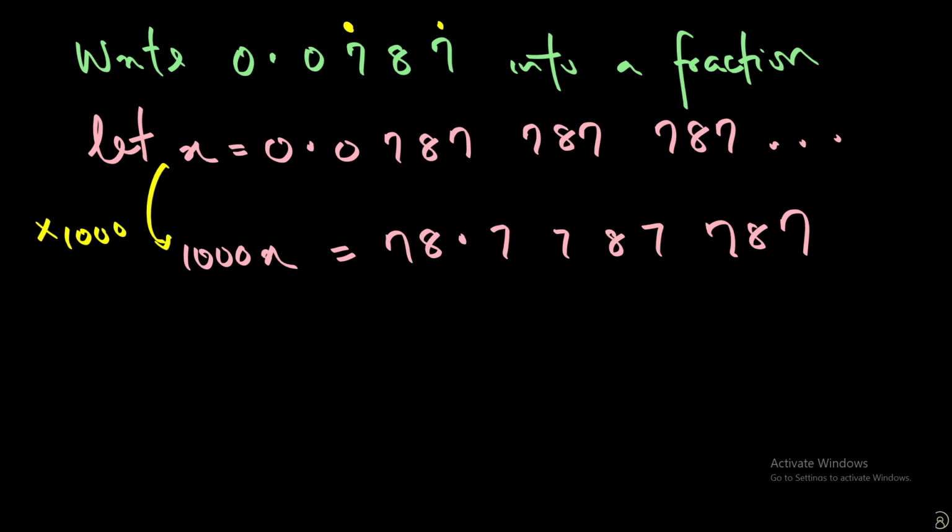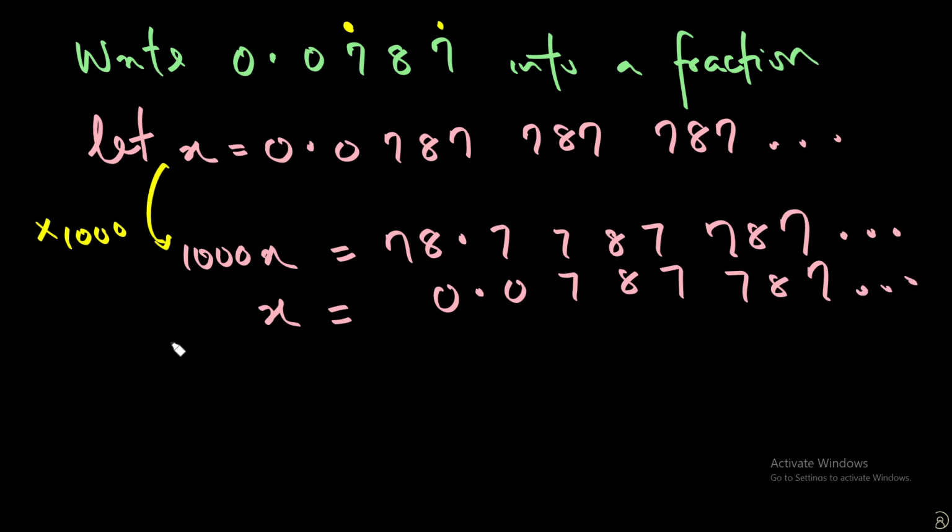To make it work a lot easier, when we go to subtract, you take the first equation and bring it underneath. That's going to be x equals 0.0787787, and it goes on and on.